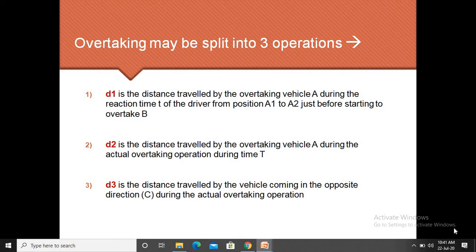So D1 is the overtaking vehicle distance, D2 is the distance when the overtaking vehicle is overtaking the B vehicle, and D3 is the opposite vehicle distance.